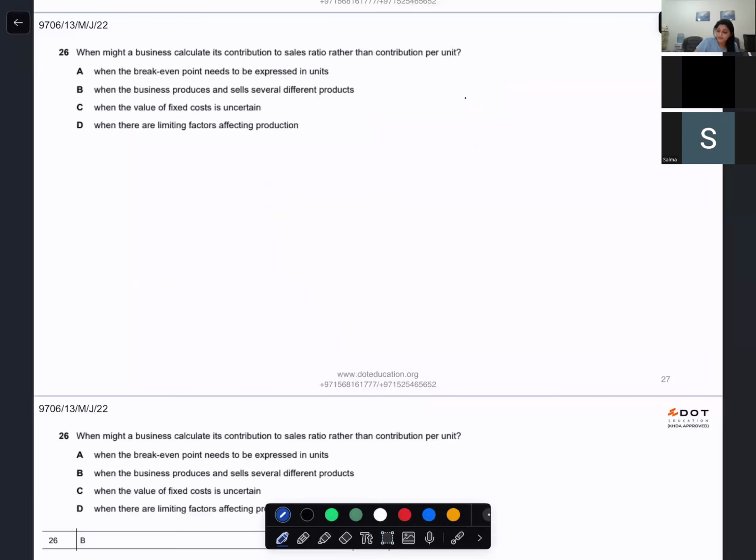So remember, when you're making one unit or a single type of unit, at that time you will calculate contribution per unit.